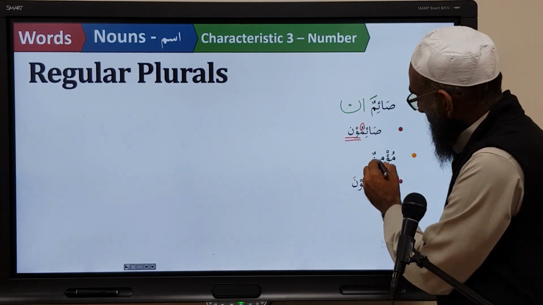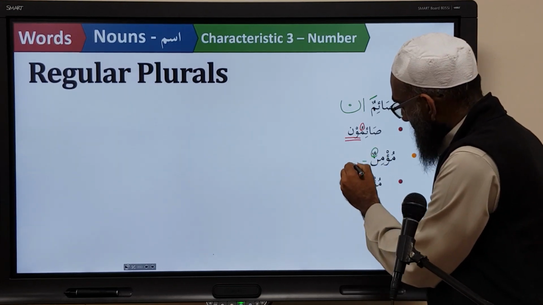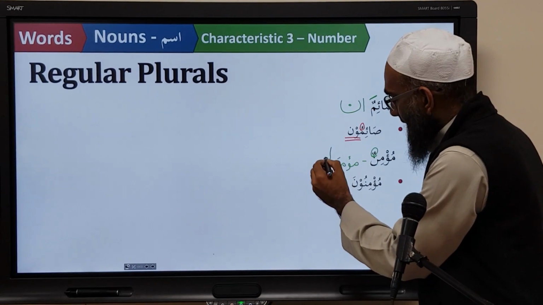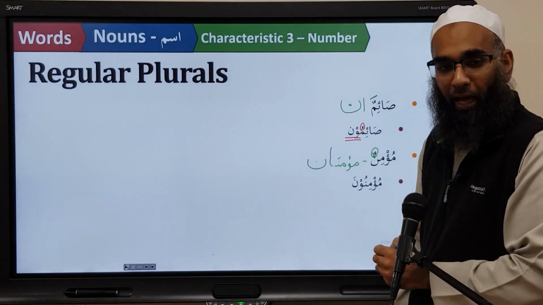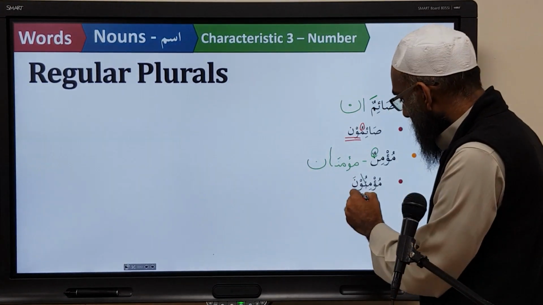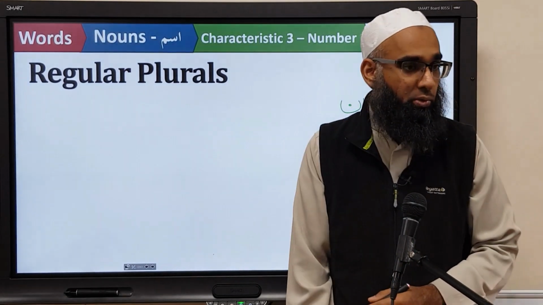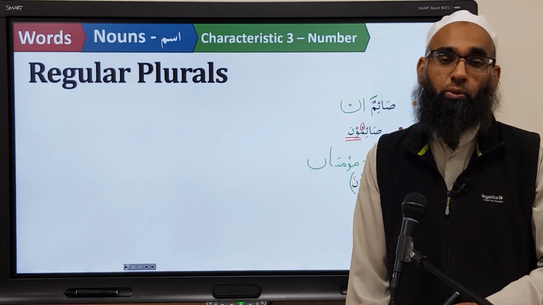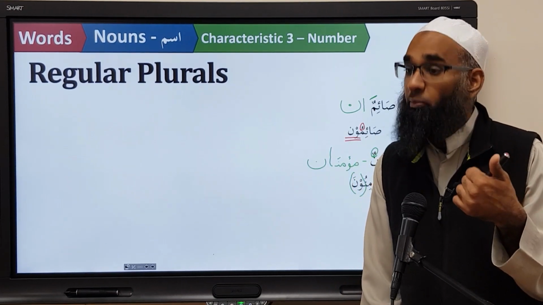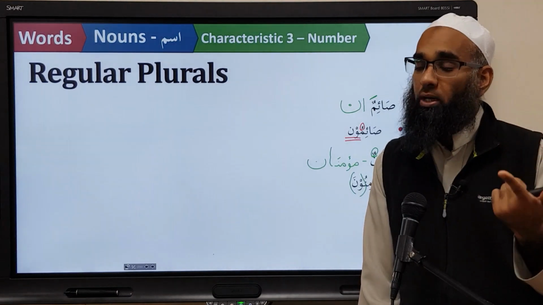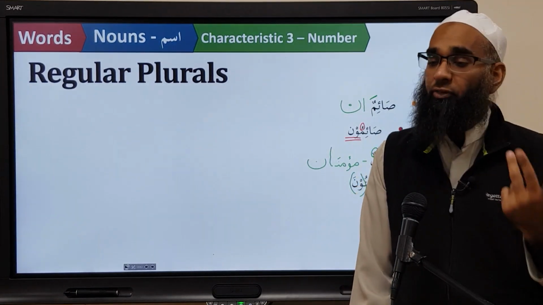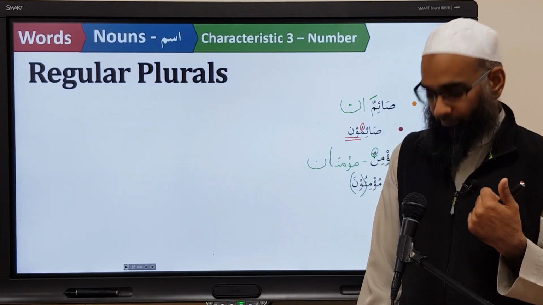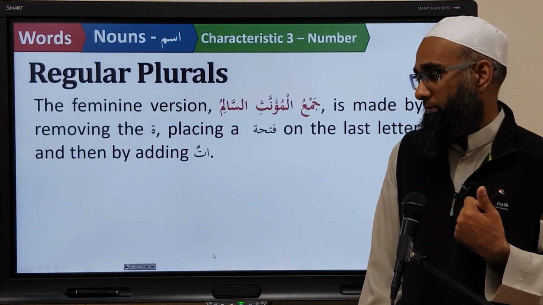How do you make that dual? You add a fatha and add ani, mu'minani. And then for plural, you add the una, so it becomes mu'minuna. So you have mu'minun, singular, mufrad. Then you have the dual, mu'minani. Then you have the jama', mu'minuna. Okay?